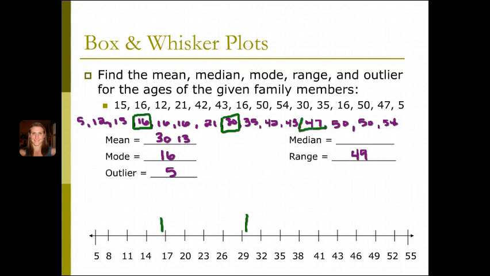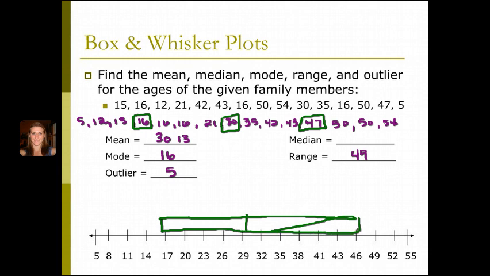So let's plot that down and make the box. And now we need to make our whisker. So our lowest number is 5. Our highest number is 54. So now that we've got our box and whisker plot, we're all done. We do have one more example, so let's move along to the last example.